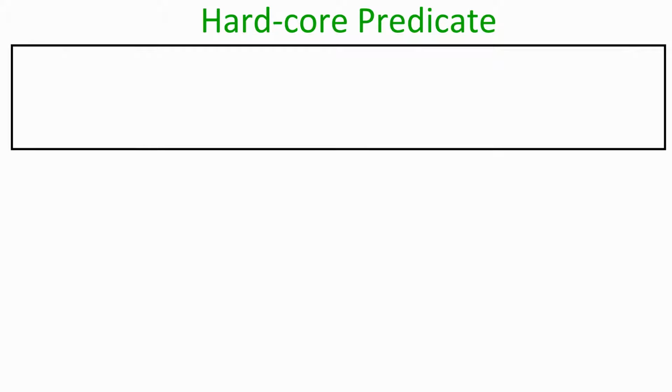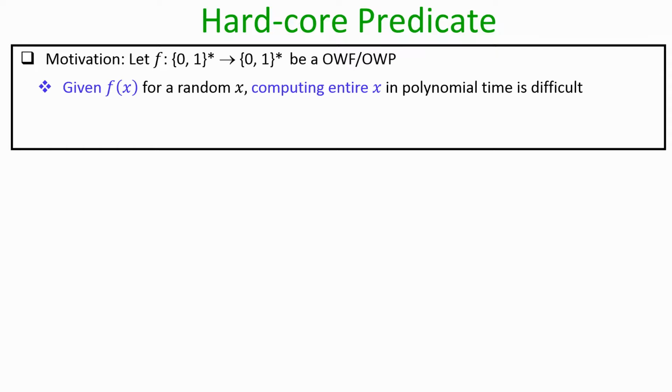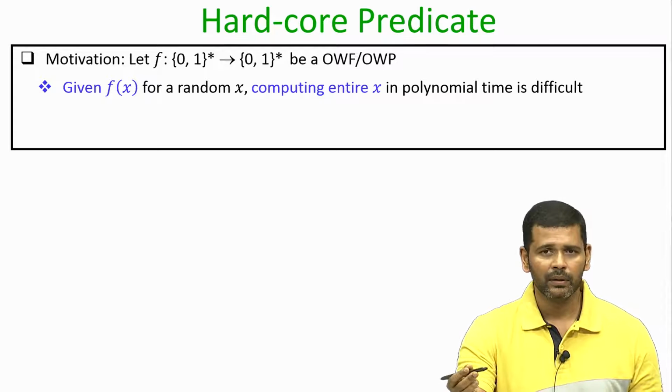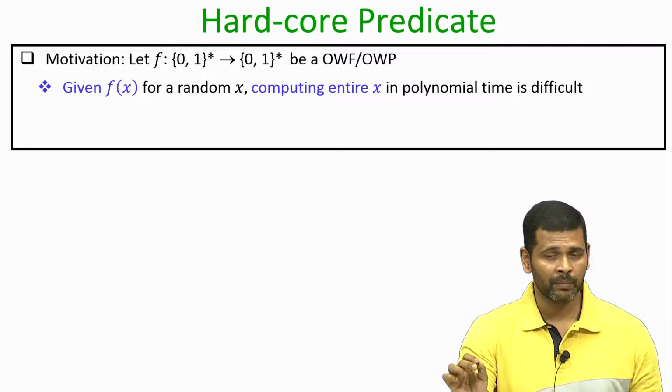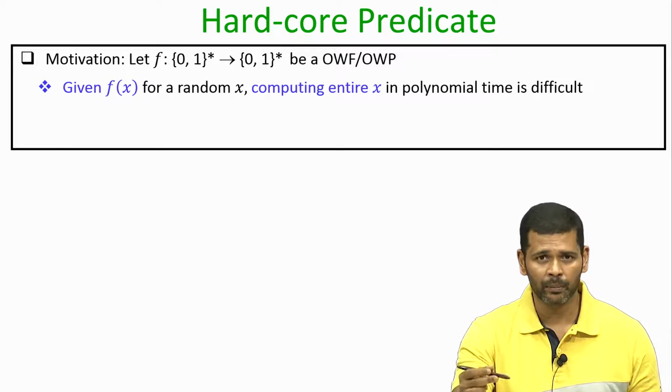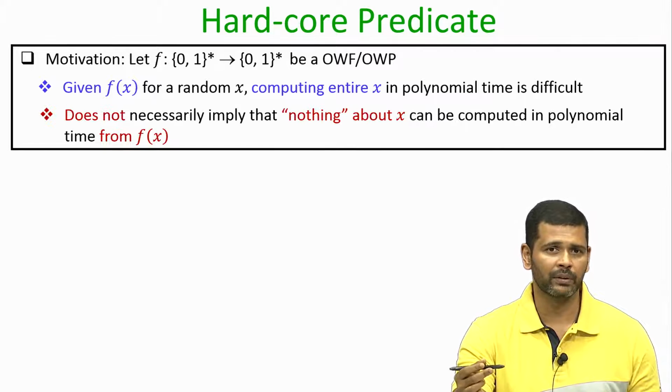So, now let us discuss another interesting related concept, namely that of hardcore predicate, which will be useful when we design our candidate pseudo random generator from one-way function. And the motivation for this hardcore predicate is as follows. Imagine you are given a function f which is say a one-way function or a one-way permutation, and if you are given the value of the function on a random input x, then definitely computing the entire x in polynomial amount of time is difficult, because that is the property of a one-way function or a one-way permutation.